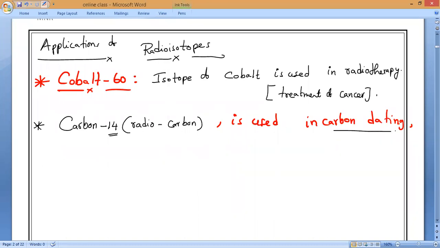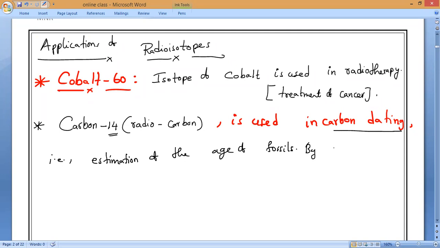What do you mean by carbon dating? Estimation of the age of fossils. Keep it in mind. How, sir?